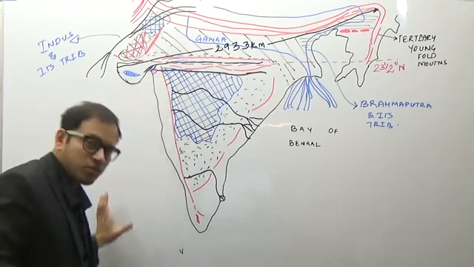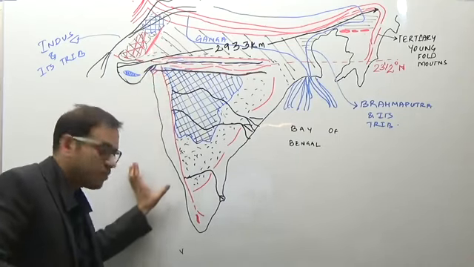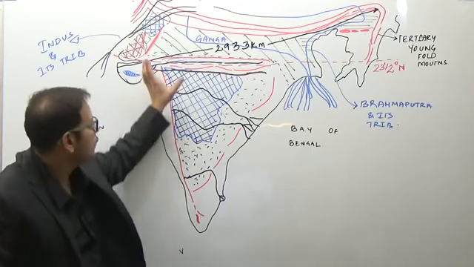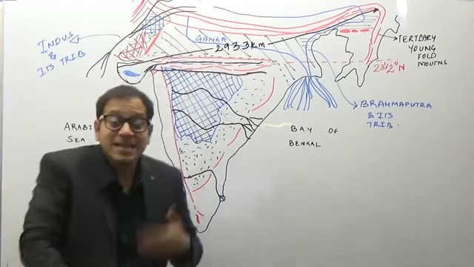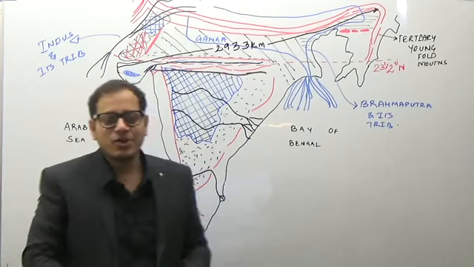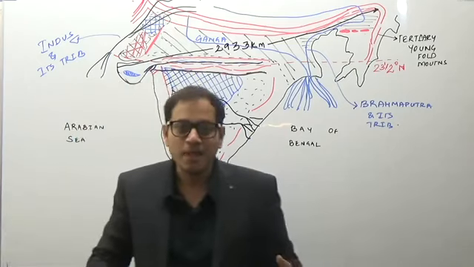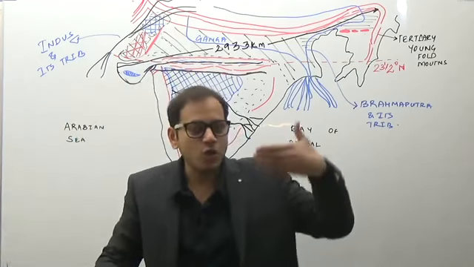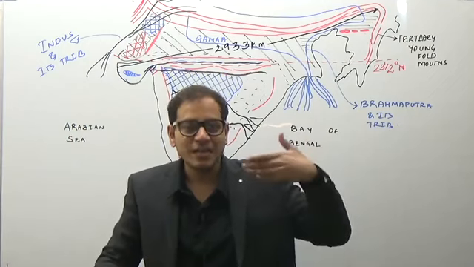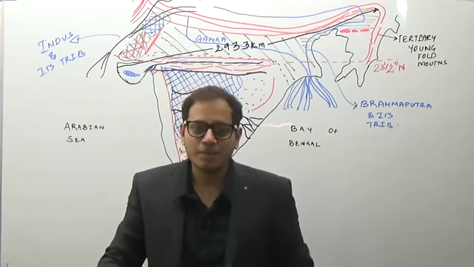So the southwest monsoon winds which come to India from the southwestern part, they flow parallel to the Aravalli ranges, and as we know from our climatology lecture that any mountain to be an effective barrier has to obstruct the wind, and therefore it has to be perpendicular and not parallel.